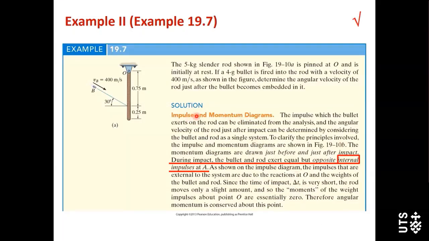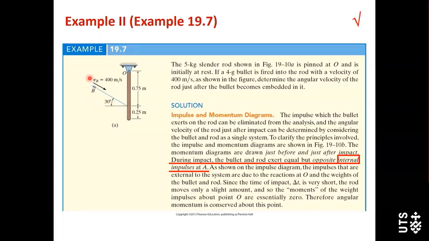Okay, now the second example problem. In this problem here, you can see two rigid bodies. One is a slant rod, and this slant rod can rotate about a fixed axis through point O. Initially, this slant rod was at rest. A bullet is fired into this rod.